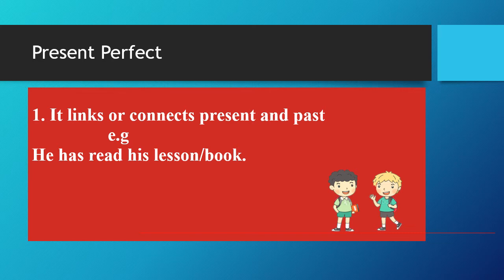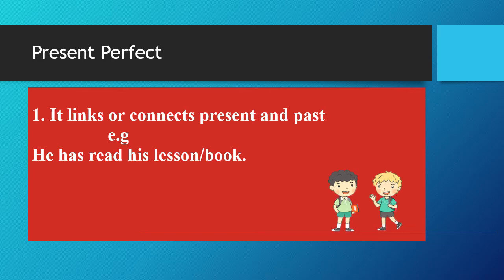So, singular subject के साथ has आएगा plus third form of verb और ये हमें बताता है कि काम अभी अभी खत्म हुआ है और ये भी बताता है कि काम हो चुका है.